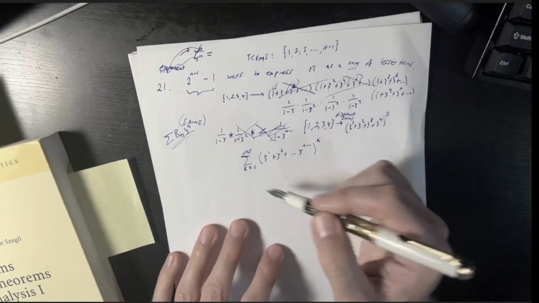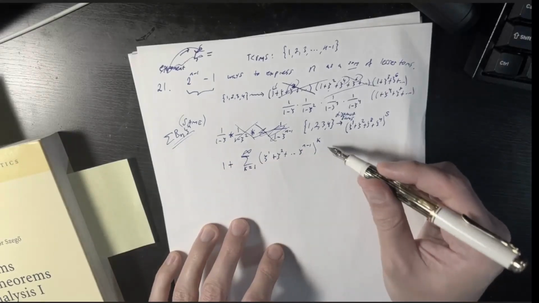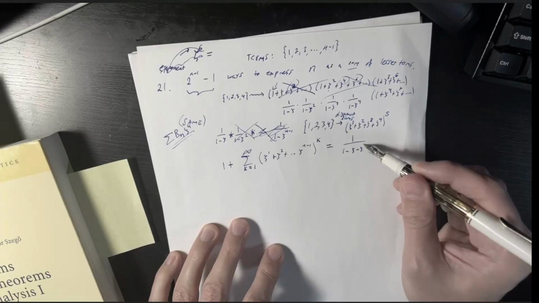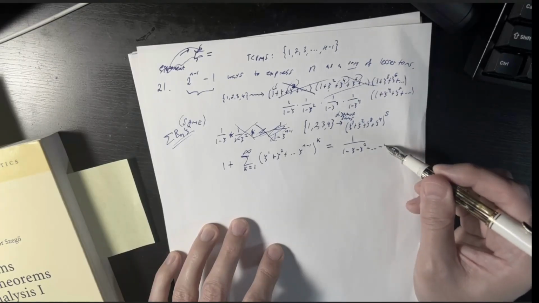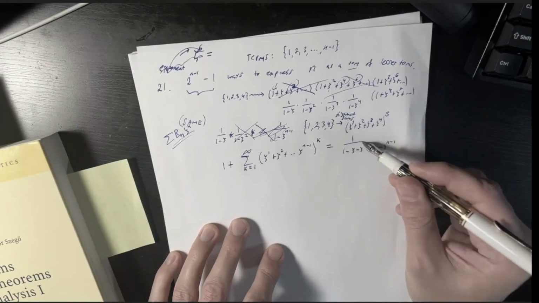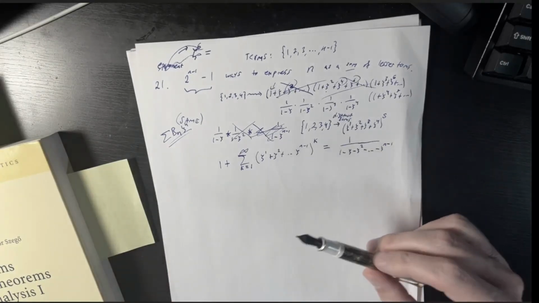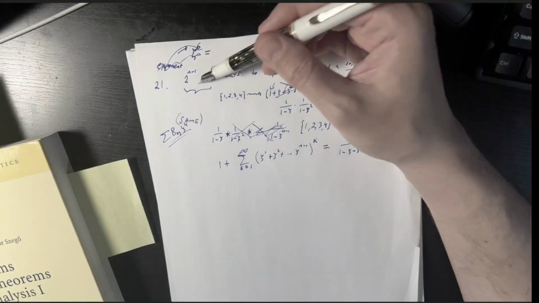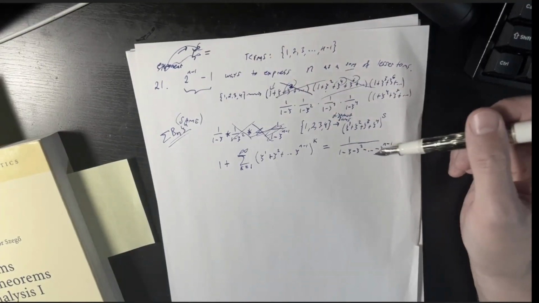But if you sum this up along with 1, then you get this as a nice form for it. Yada yada, like that. So now the concern is, how do you get this as a coefficient when you expand this?